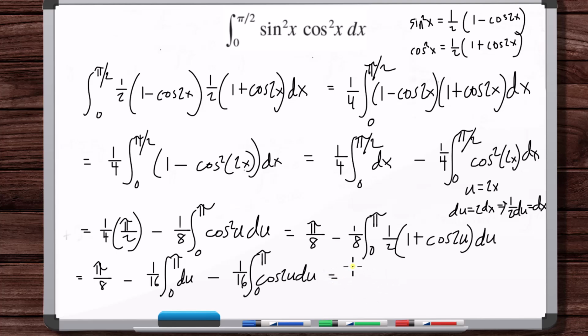So we've got minus 1/16 pi, minus the integral of cosine 2u is 1/2 sine 2u. Bring out the 1/2.